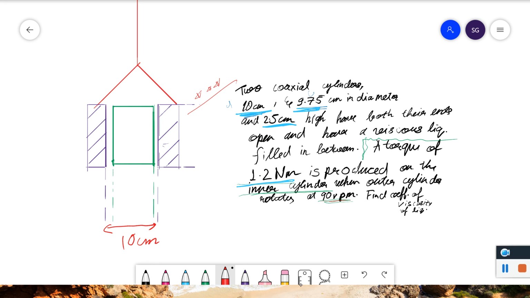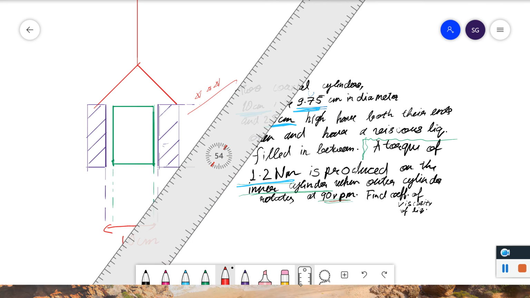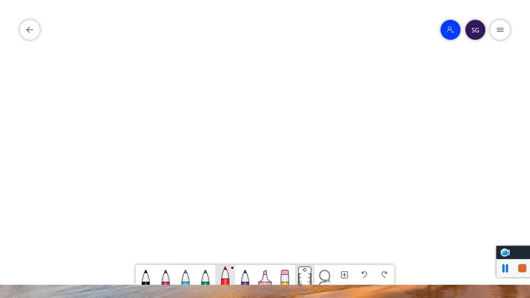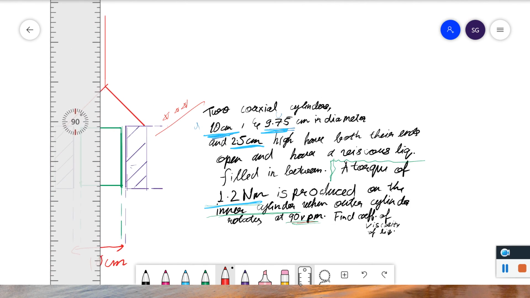Why is 10 centimeter the outer coaxial? The coaxial term means that it is on the same axis. Okay, so consider this as an axis. I will explain in detail. This is the axis.